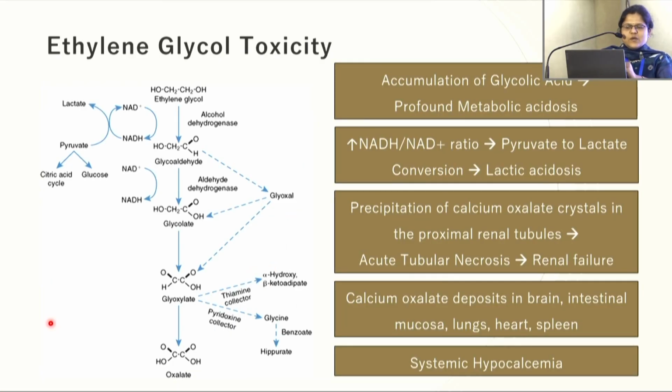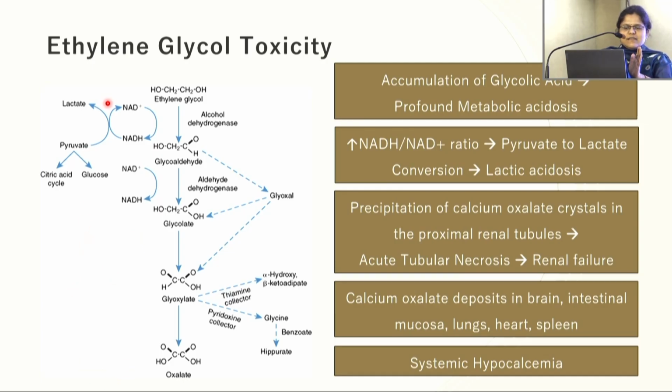Coming on to ethylene glycol toxicity, ethylene glycol is metabolized by alcohol dehydrogenase to glycolaldehyde, then by aldehyde dehydrogenase to glycolic acid, and then to glyoxylic acid and further to oxalic acid. The main toxic metabolites are glycolic acid and oxalic acid.